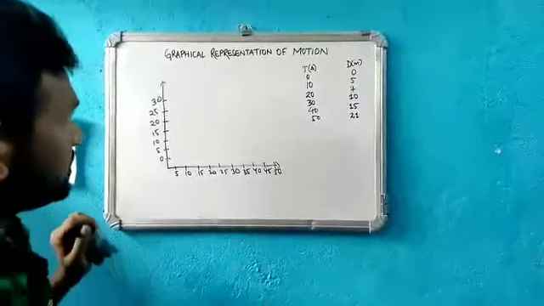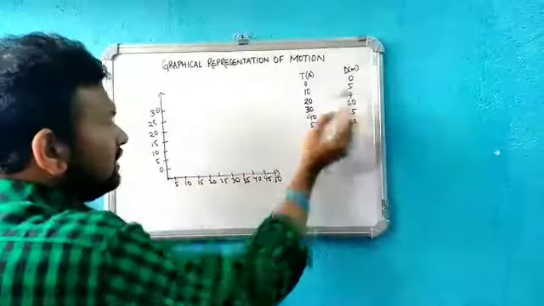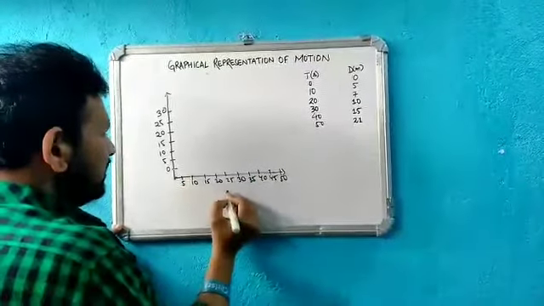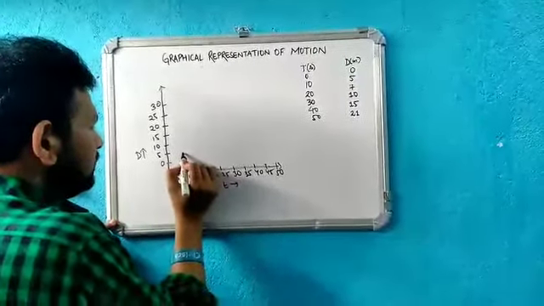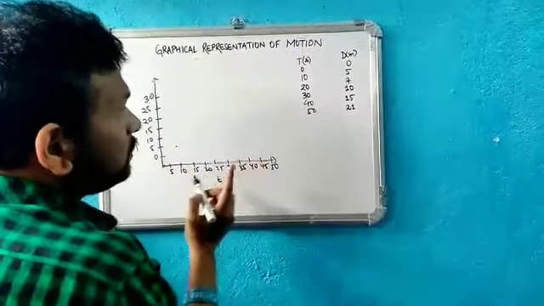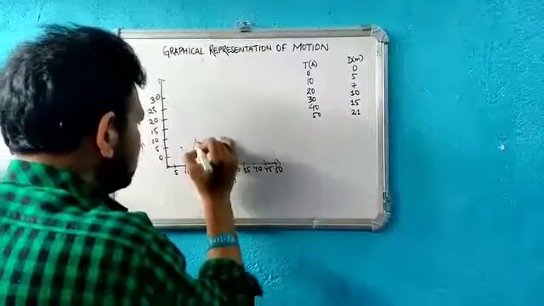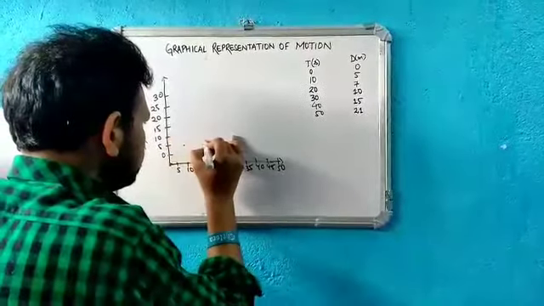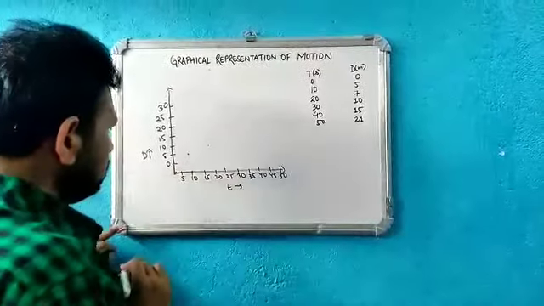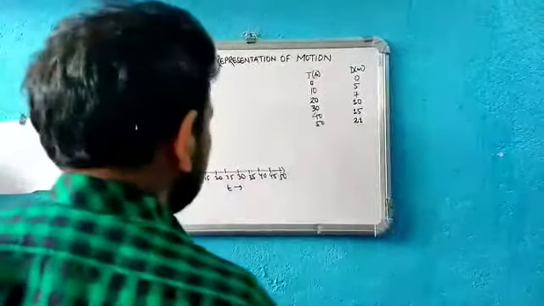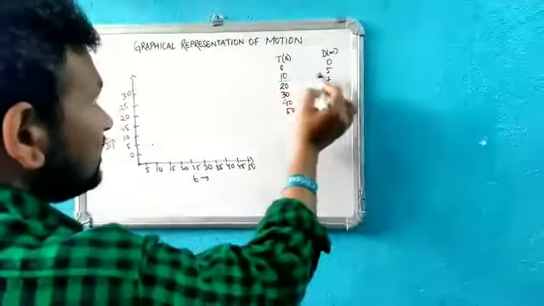Okay, now let's consider time t equal to 0, d equal to 0. Time t equal to 10, d equal to 5. So it will be somewhere here. Time t equal to 20, d equal to 7, means it will be somewhere around here. Sorry, what am I doing? Time t equal to 10, d equal to 5.